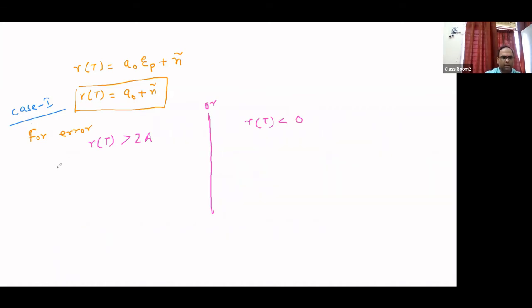So what is the value of RT? RT is A naught plus N tilde. So A naught plus N tilde should be greater than 2A. Similarly, A naught plus N tilde should be less than 0.